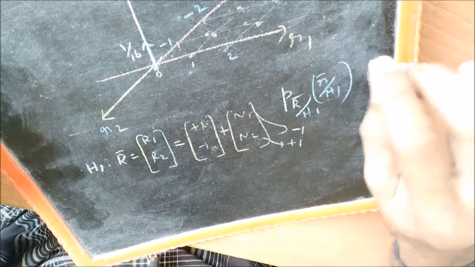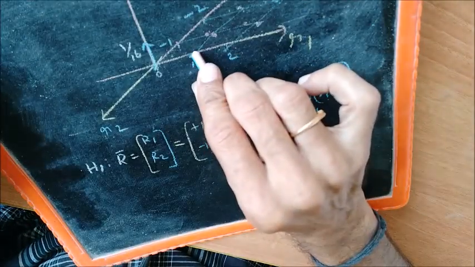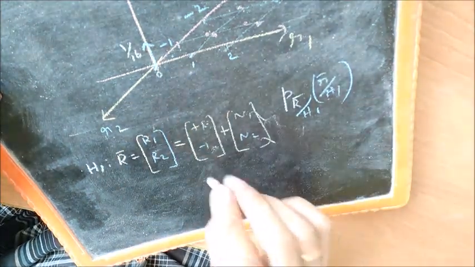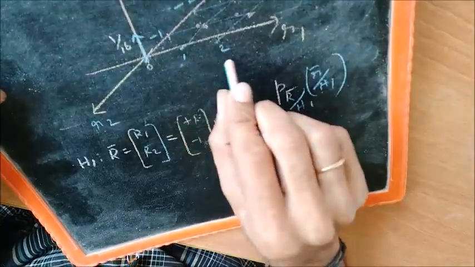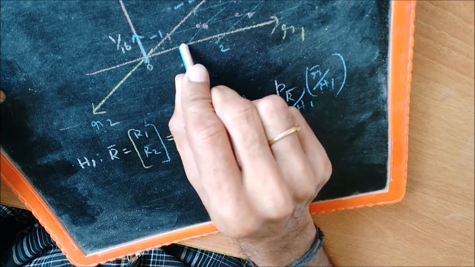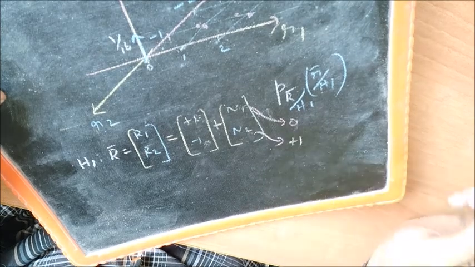Now similarly, if R1 has to be 1 and R2 has to be 0 when H1 is true, R1 has to be 1 means N1 has to be 0, and R2 has to be 0 means N2 has to be plus 1.